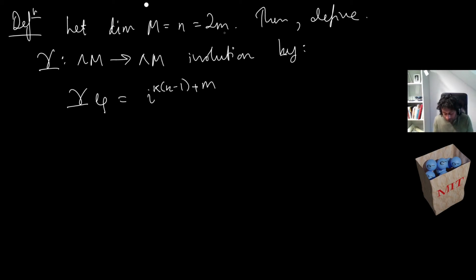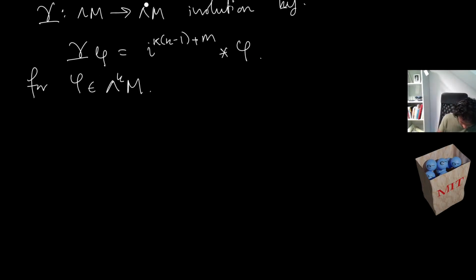So here the dimension is 2m, so this is half the dimension here. Hodge star phi, whenever phi is in k-forms. Okay.